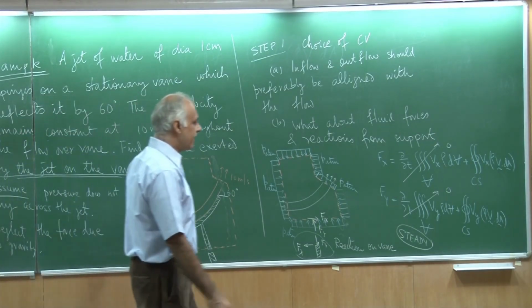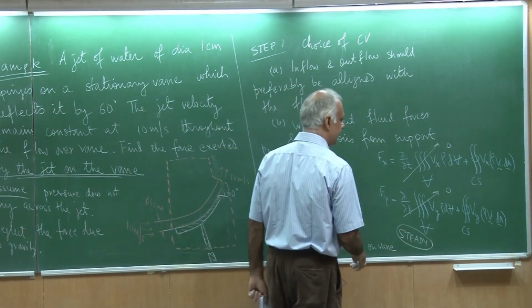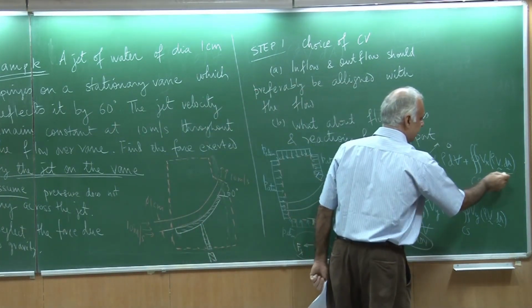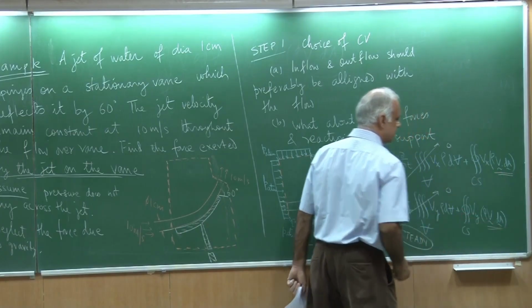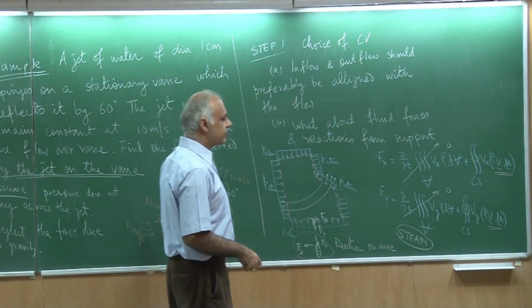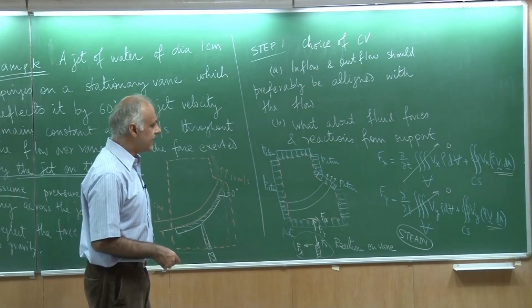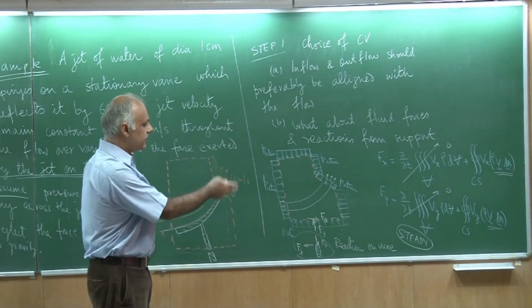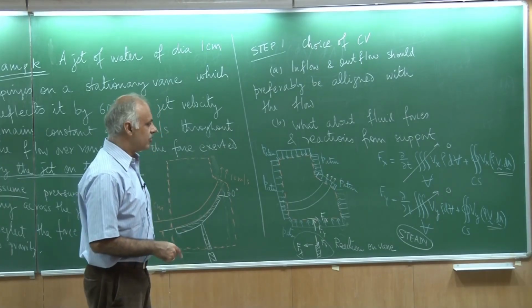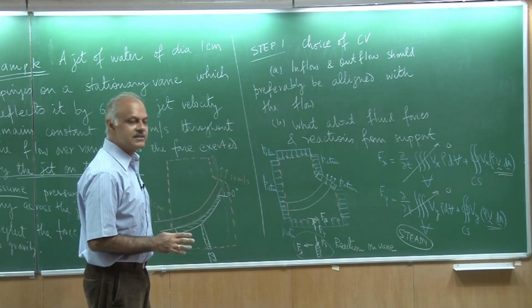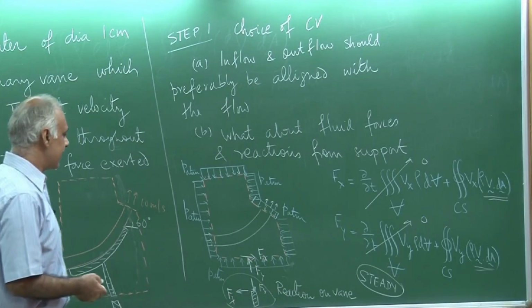So let us estimate Fx first and then Fy. You will notice that there is this term which is the mass flow rate at the inlet and the exit ports, and it appears in both Fx and Fy. So if I can estimate that for once, then I don't have to do it again and again.